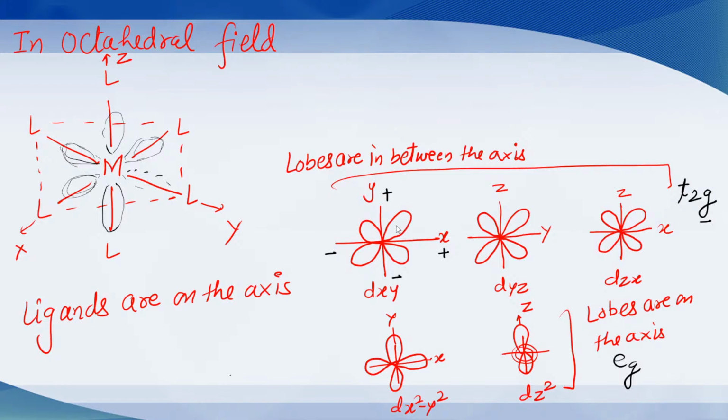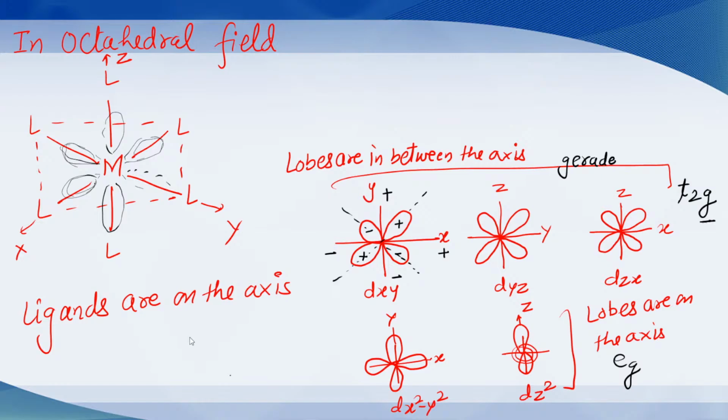So plus plus, plus minus, minus minus, minus plus. If we pass a line through the lobes, their sign is not changing. As this sign is not changing, we use the g word, gerade. So g is for that.